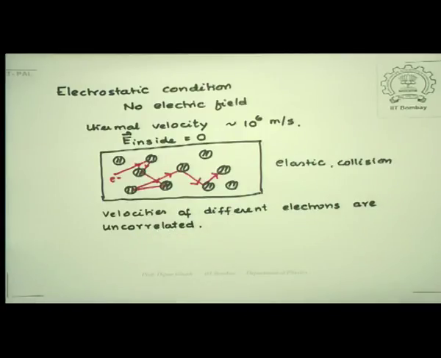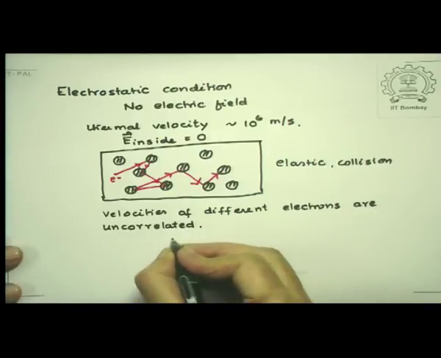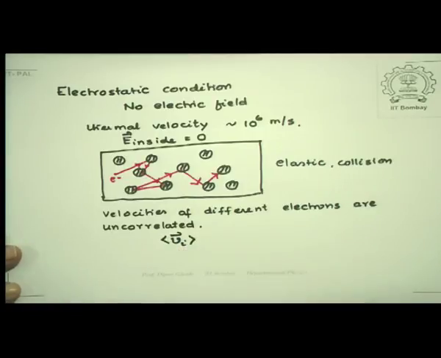Now as a result, supposing I say that Vi, let me put an average sign here, represents the average velocity of the ith electron.